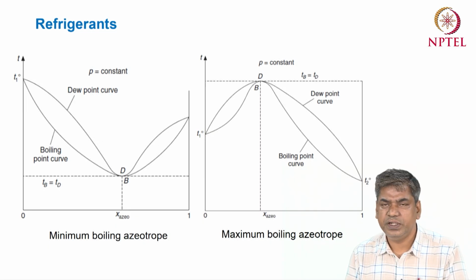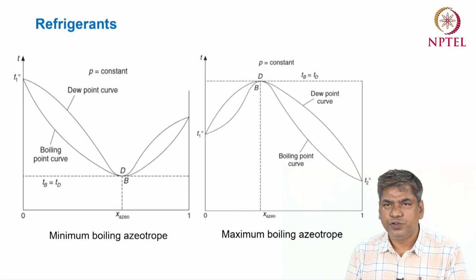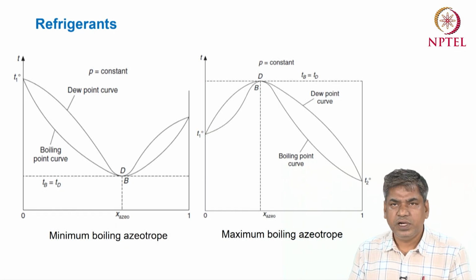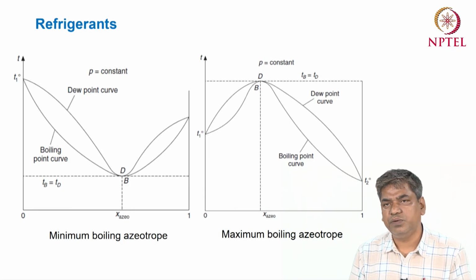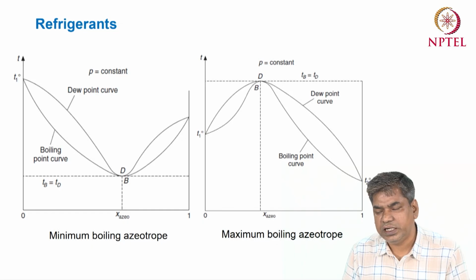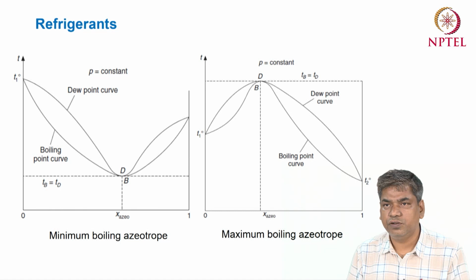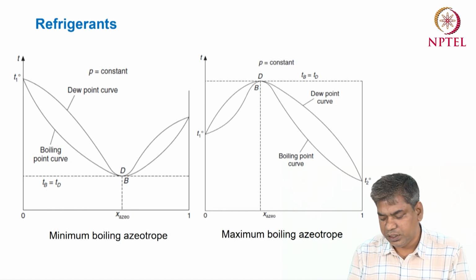So that may vary, either a minimum value or a maximum value. But the dew point and boiling point will be the same at that composition. So at that composition the refrigerant behaves like an ideal or pure refrigerant. Okay, so that is called the azeotropic mixture.